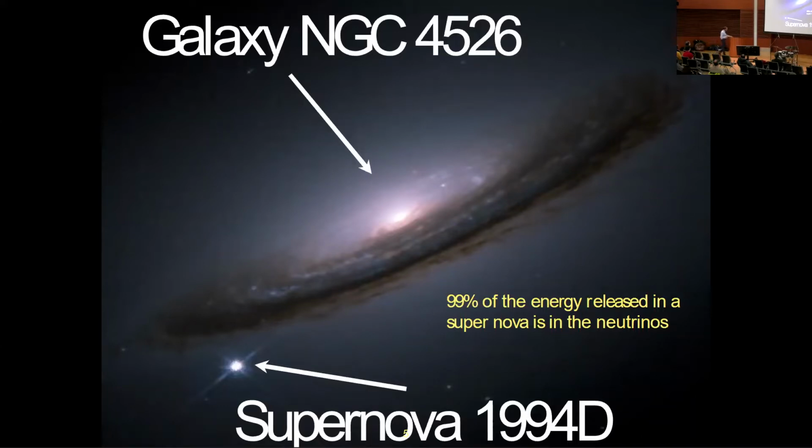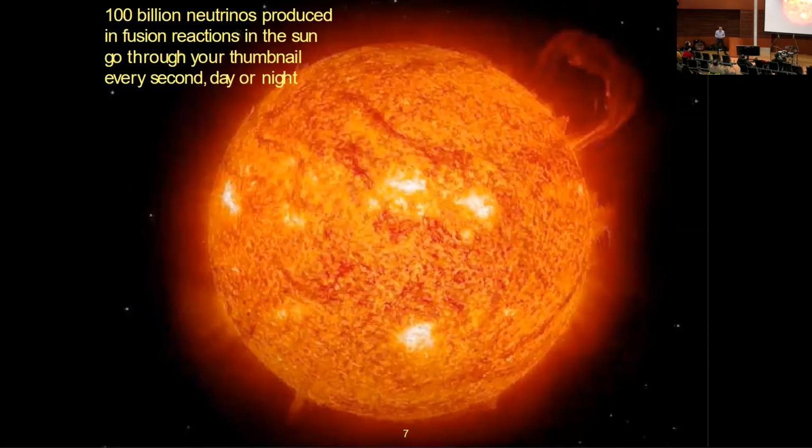We can get a little closer to home too. Neutrinos are produced in the fusion reactions that happen inside of stars, like our sun. It turns out that there's 100 billion neutrinos that are produced in the fusion reactions in the sun that are going through your fingernail every second, day or night. Now, you might be thinking to yourself, wait a minute, how is that happening at night?